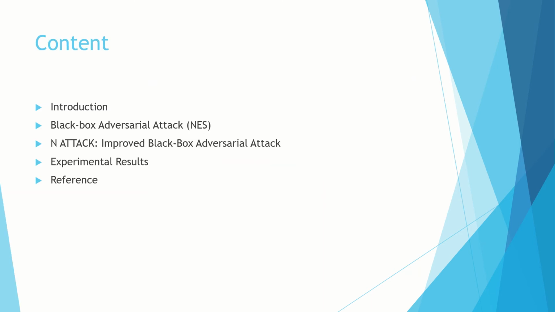This presentation contains an introduction, then we explain what the black box attack is, then we explain the improvement of the black box attack, as in the title. Then we have some experimental results comparing these two methods and other methods as an attack.